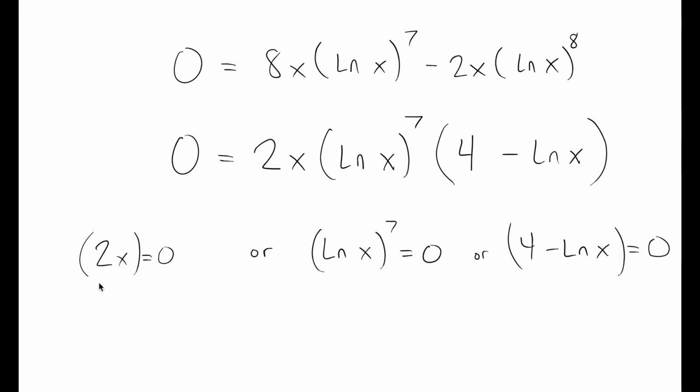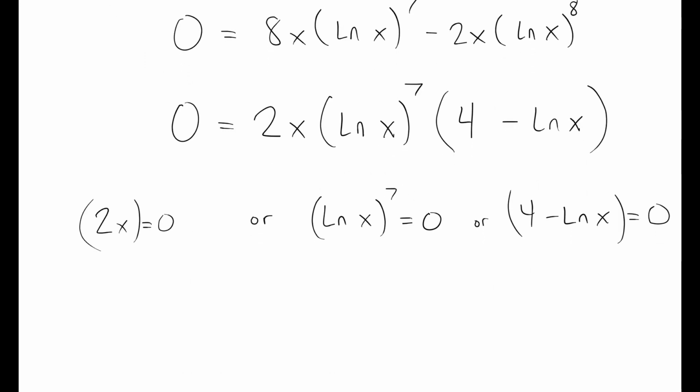So basically, you take each of these factors, 2x and (ln x)^7 and 4 minus ln x. By the zero factor law, we have to set them each individually equal to 0.